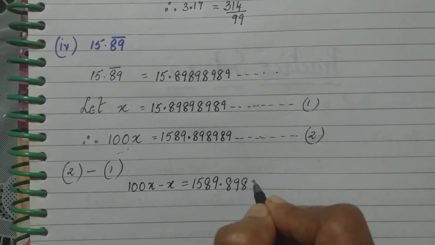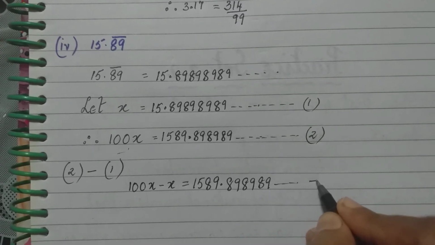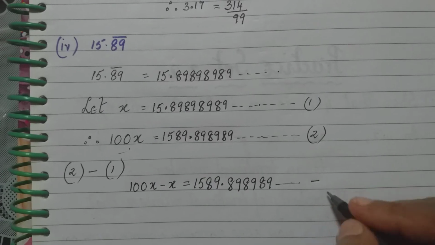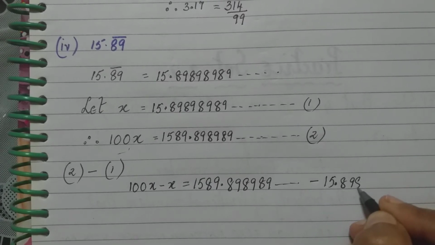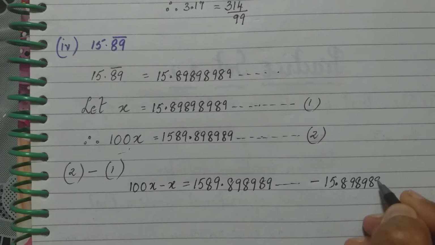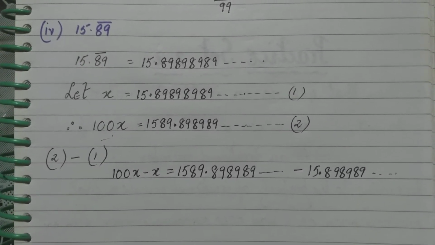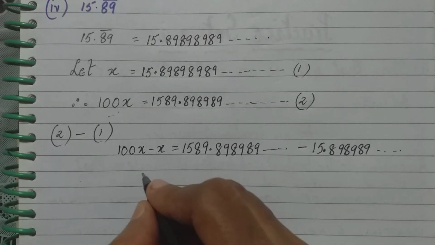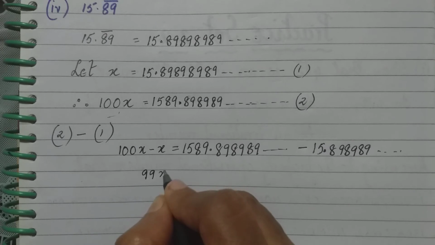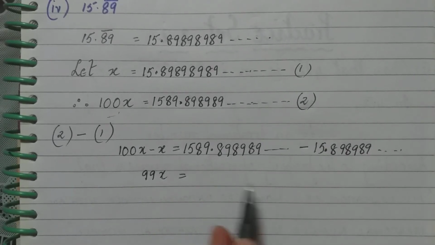1589.89 minus 15.89 onwards. Now we subtract the left hand side. 100x minus x is 99x is equal to, after the decimal point both are the same, so we don't have to worry, just look at before the decimal point.